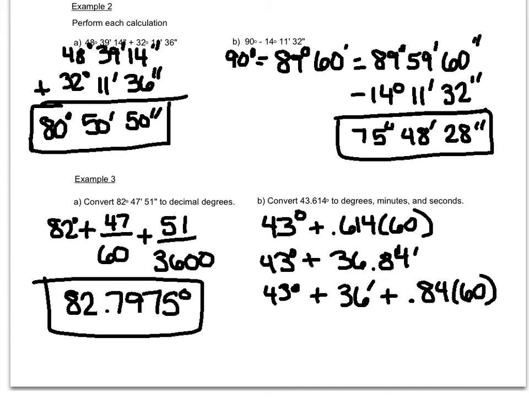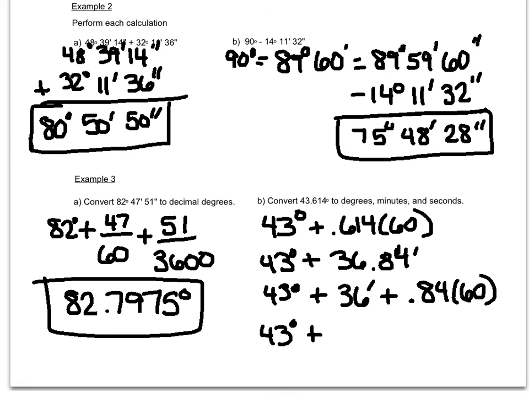And when we put that into the calculator, we get 50.4. So we have 43 degrees. We don't really need that plus sign, so let's get rid of that. Oh, wait a minute. My eraser's not working.